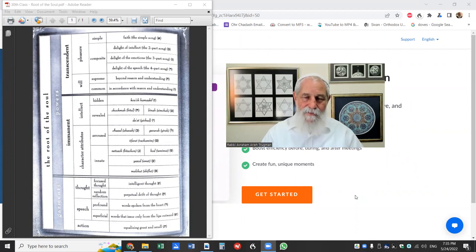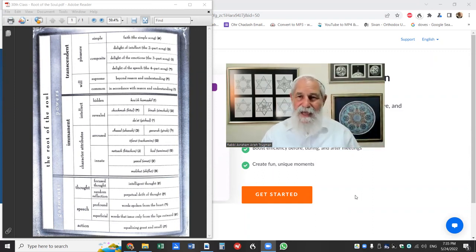And every day of the 49-day count, we're trying to exchange one level of impurity, the kind of impurity of the slavery in Egypt, for one level of purity. And as we are approaching Mount Sinai, the giving of the Torah on Shavuot, each day we're trying to fix one of the levels of character attributes.